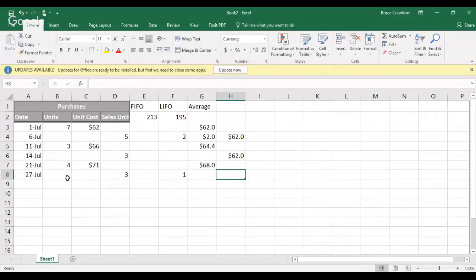Because there's 1 purchased at 71, and 2 purchased at 62.